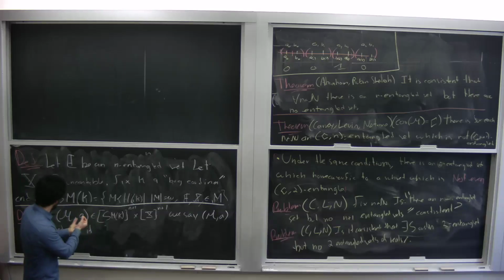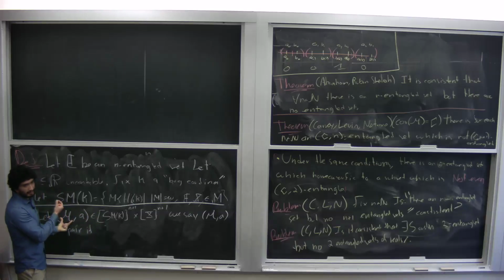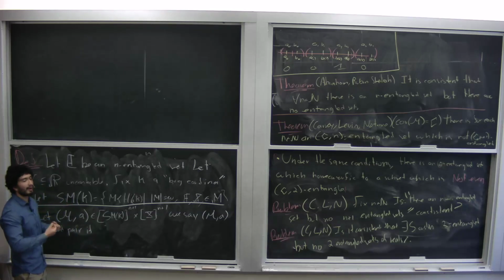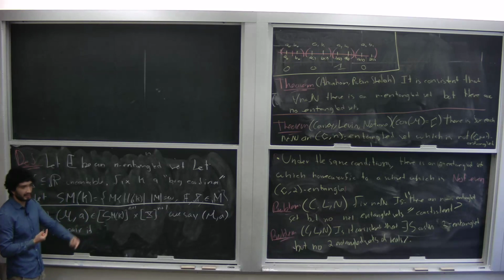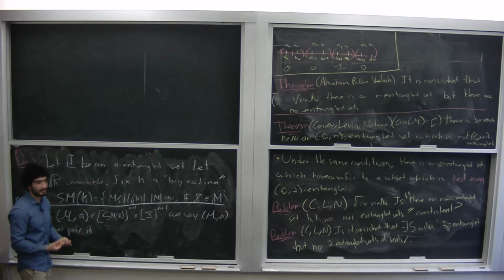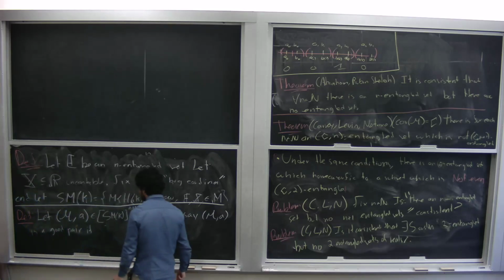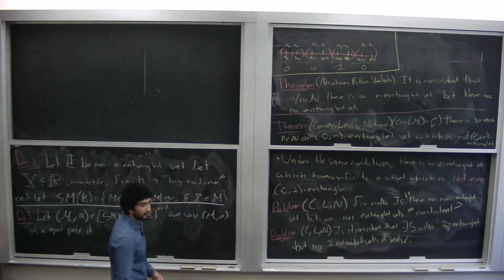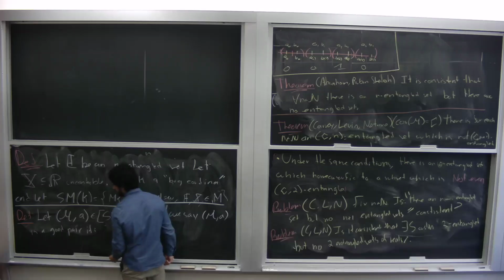Here, one single chain of elementary submodels will be one of the elements of interest. So we will be interested in chains of elementary submodels. That is the difference in this forcing. Chains of n+1, exactly. So the n+1 doesn't go in the other direction. Exactly. That's the important part.